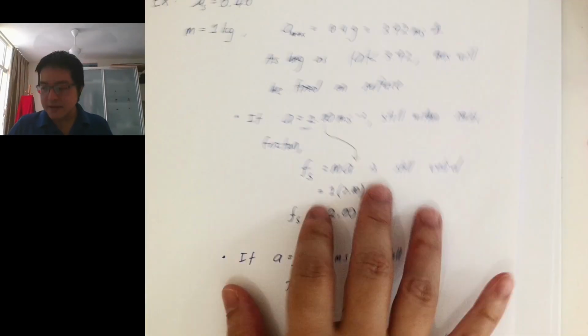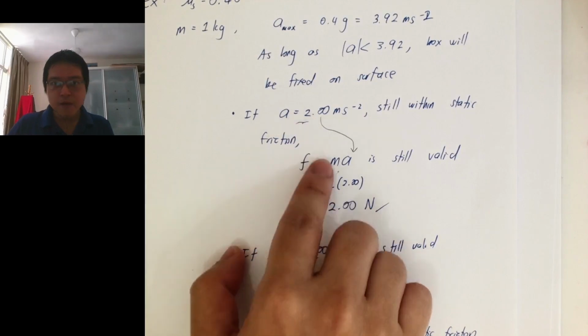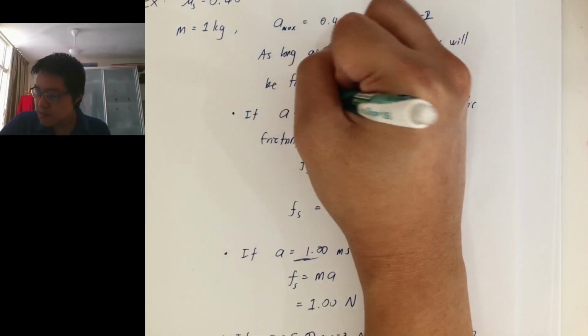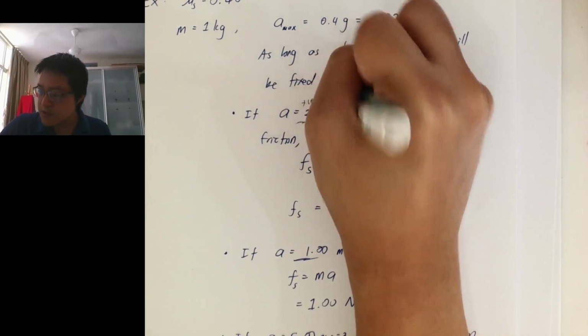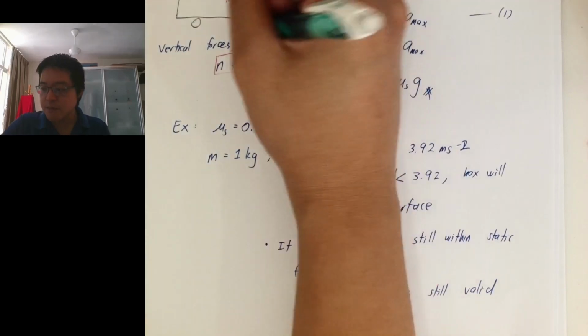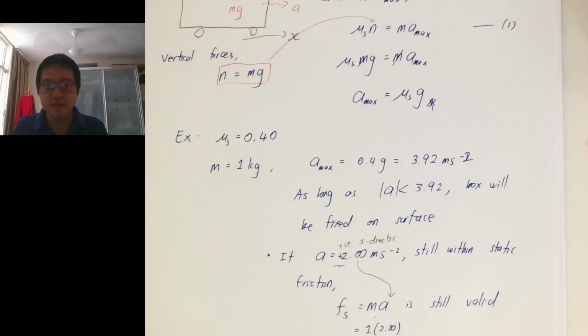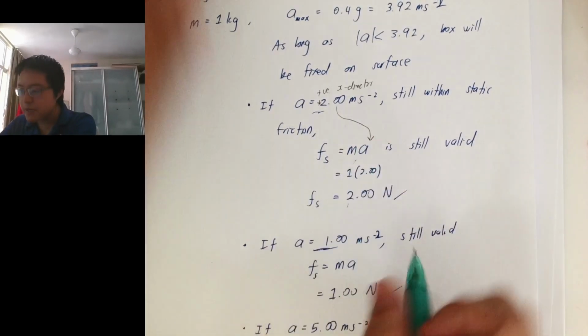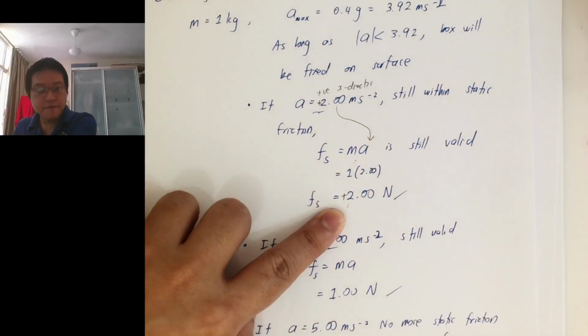Oh, which direction of friction? Yeah. So in the example, I accelerate in the positive x direction. So I choose a positive number. This is positive 2. My x positive is in this direction. So if I choose a positive x direction, I plug in, I will get a positive friction number.